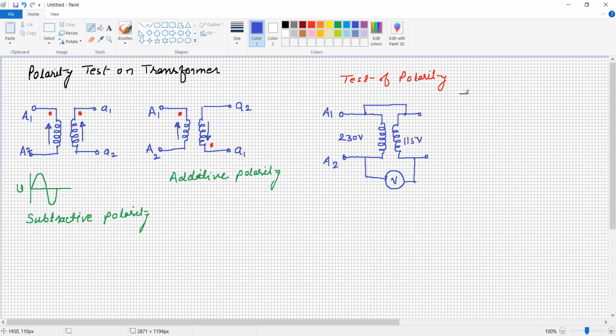It means that the transformer is, for example, 2 kVA, 230 by 115 volt. So its primary voltage is 230 and secondary EMF induced is 115. So the voltmeter rating should be equal to 230 plus 115, so it is around 345.